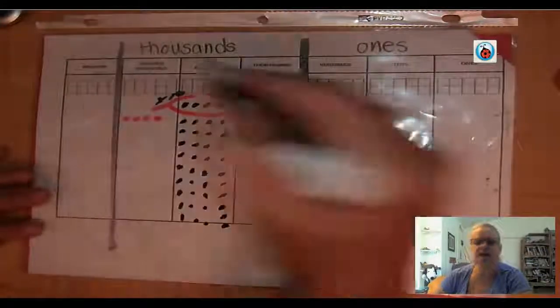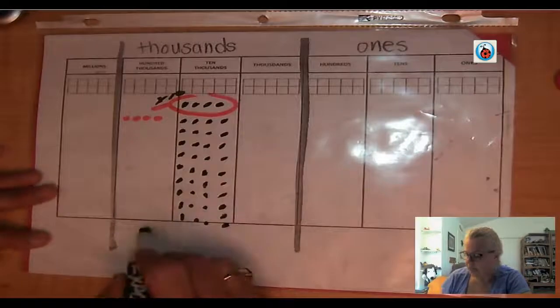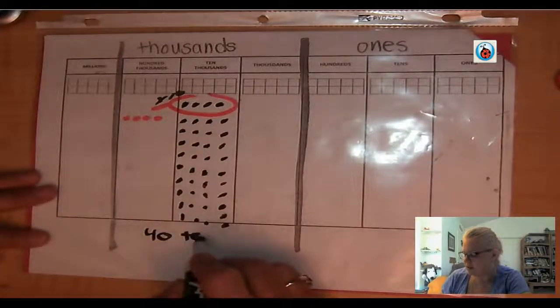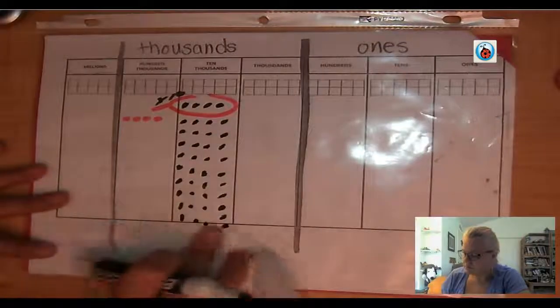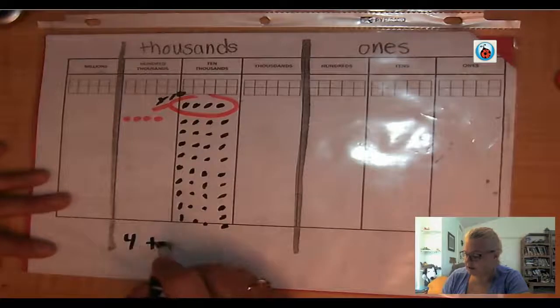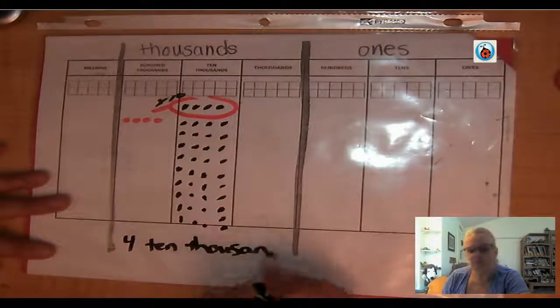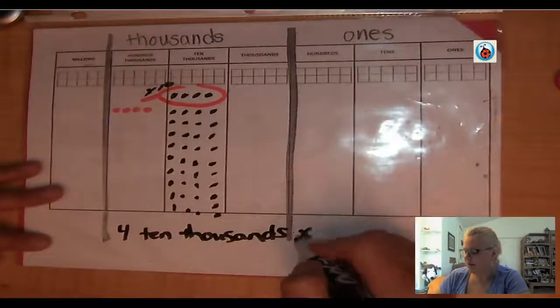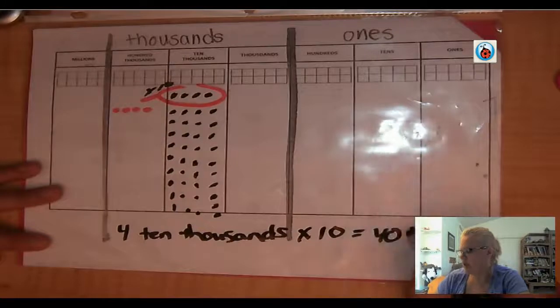So how many 10,000s do we have now? Yeah, we have 40 10,000s. Oops. We started off with 4, right? 4 10,000s multiplied by 10 equals 40 10,000s.